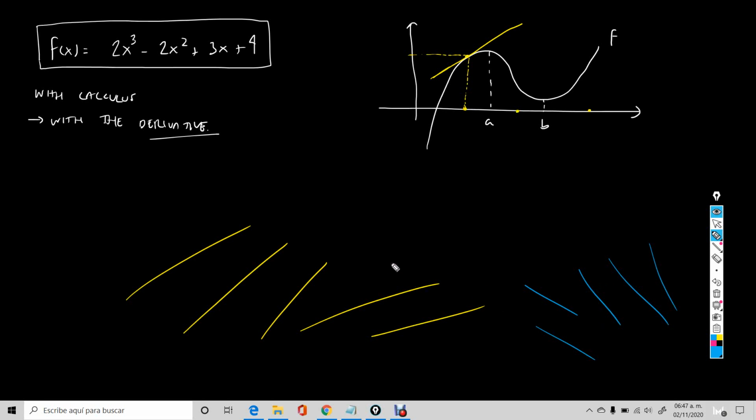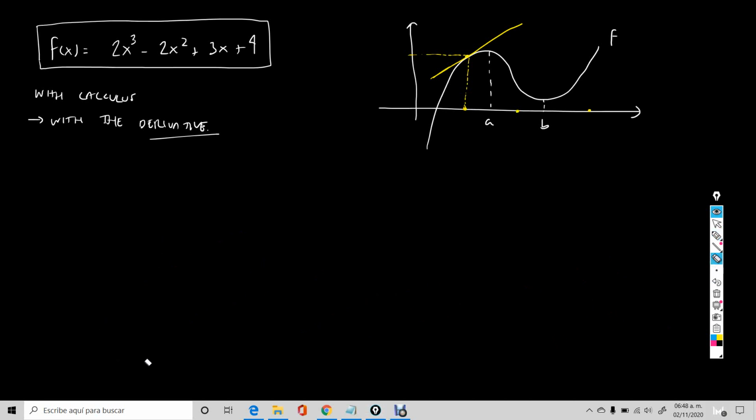I hope you remember this. And I'm taking as reference, of course, the normal Cartesian plane. All the lines that look like this, with these inclinations in this direction, all of these have positive slopes, and all of these have negative slopes.